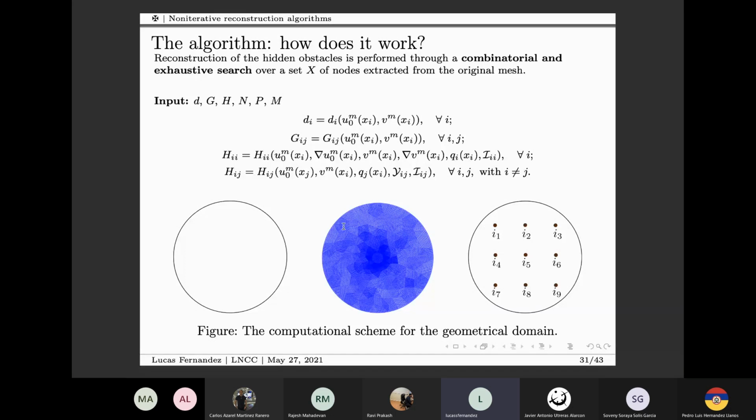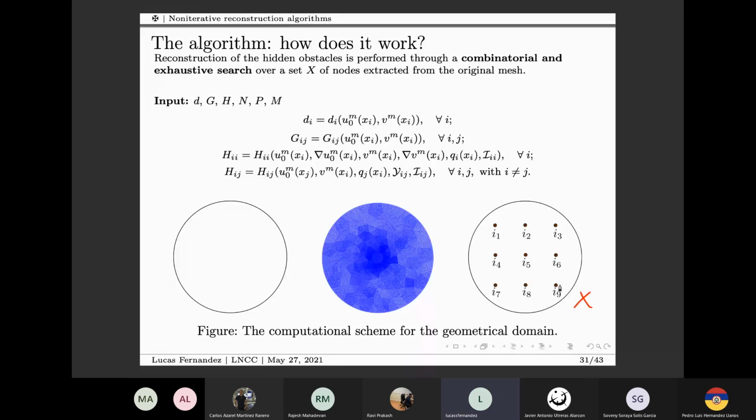So instead, we consider a much smaller search space, say with only nodes uniformly distributed within the reference domain omega, and such a set of 9 nodes is denoted by X, okay? So this is the set X of admissible locations for the obstacles.